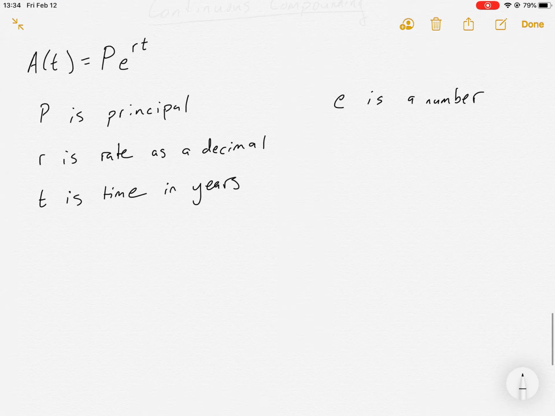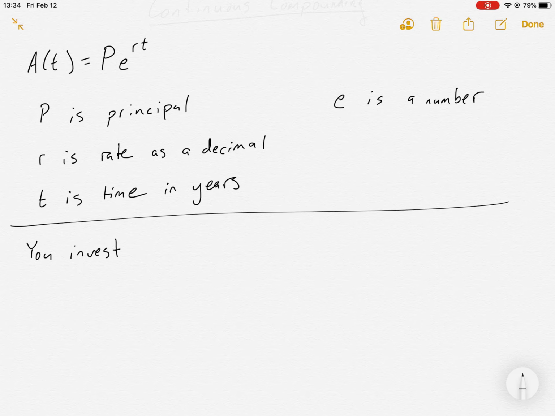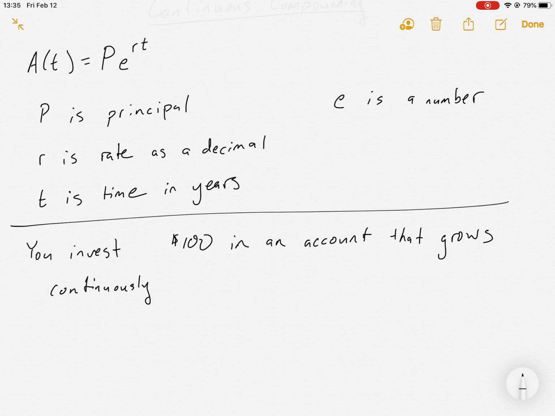So let's go ahead and solve a problem. Let's just say you invest $100 in an account that grows continuously at, let's just say, 3.51%.